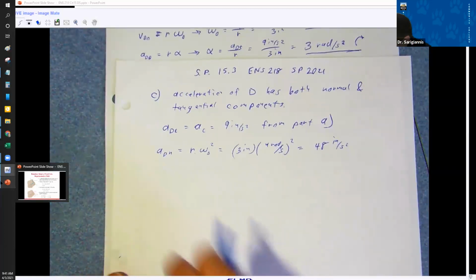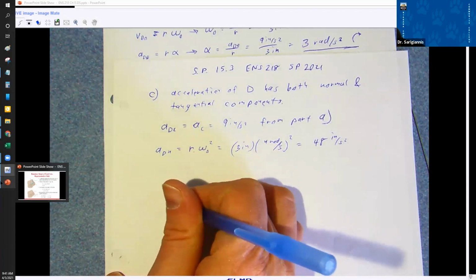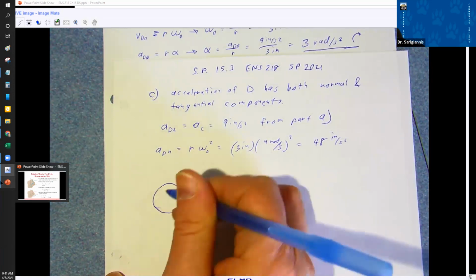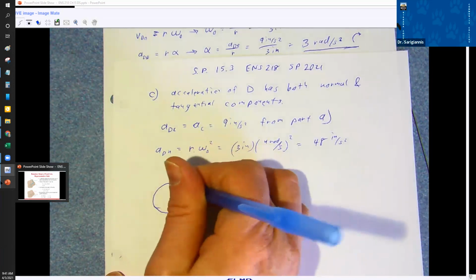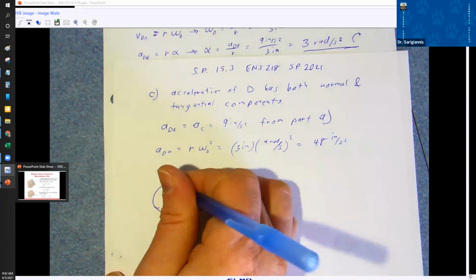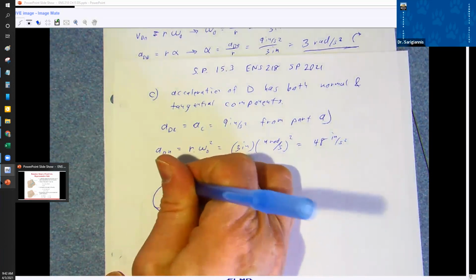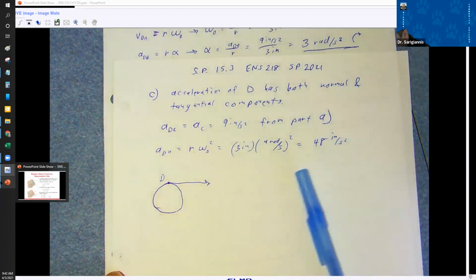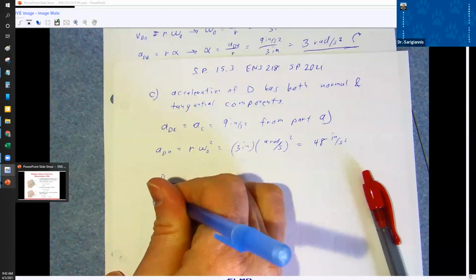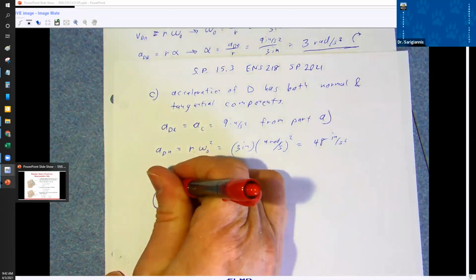So now what I want to show here is I'm going to draw some sketches so we can see how everything's going. My wheel, I'll just draw it in blue. So I don't know what happened to my pen. This is point D. Oh, point A is in the middle. Now, here we have 2 components.